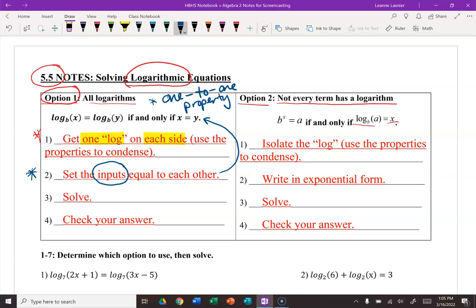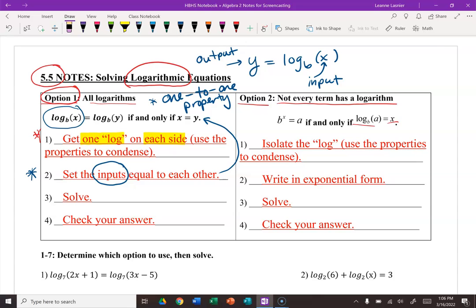If I take just this equation up here, y equals the log base b of x, we consider the thing inside the log to be the input, and we consider what the log equals to be the output. So what the one-to-one property says is that for each different input, you'll have a different output, and vice versa. For each different output, that would have come from a unique input.